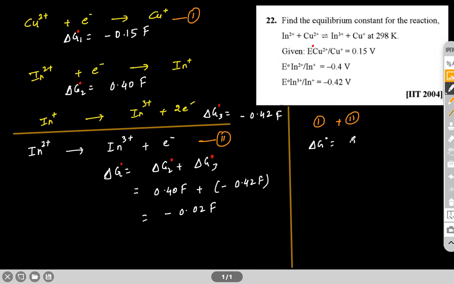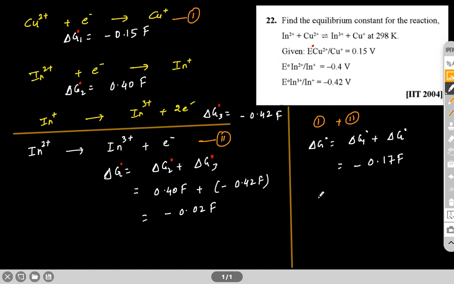So delta G1 naught plus delta G2 naught, that would be this minus this, so it will be minus of 0.17 Faraday.